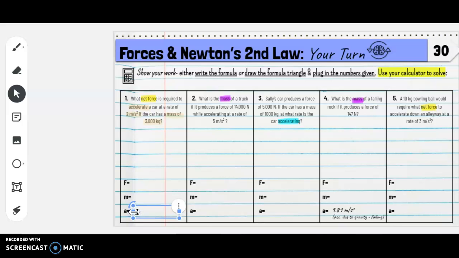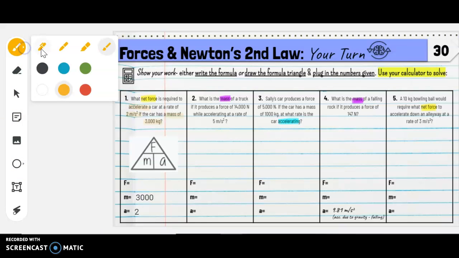So I'll fill in a 2 for the A. And the mass is 3,000. So for the M, I'm going to fill in 3,000. Then using the formula triangle, I'll plug in my numbers. So A is 2, M is 3,000.